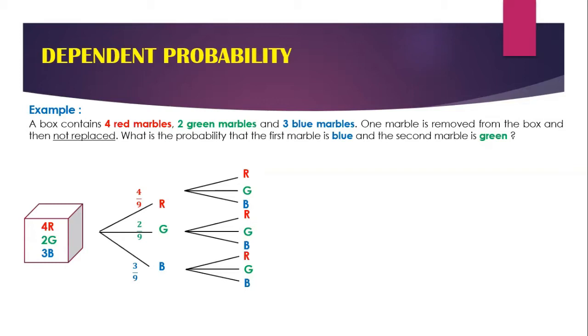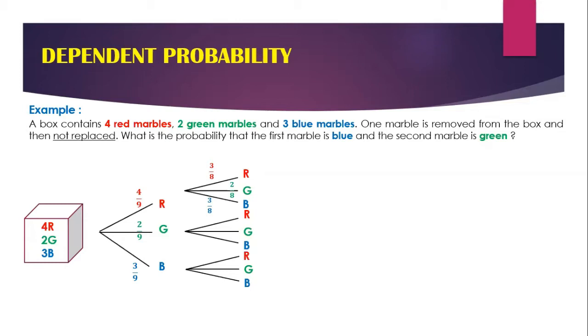For the first diagram, for red, one red is already taken. So that means 3 red marbles left, 2 green marbles, and 3 blue marbles. And we'll find for the second pick, red is 3/8, green 2/8, and blue 3/8.